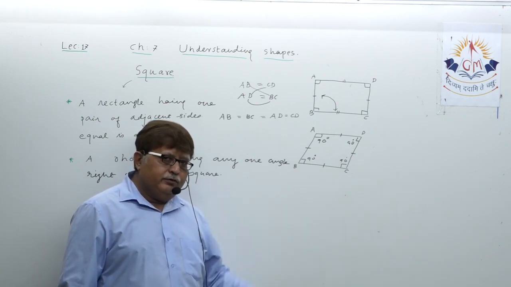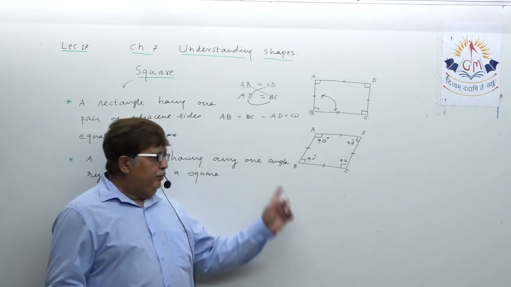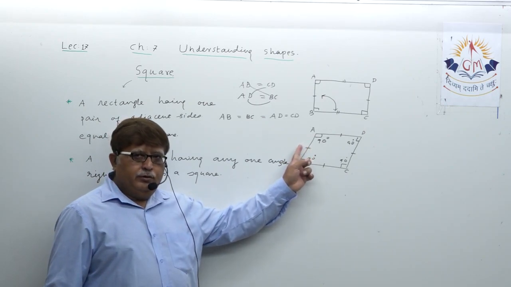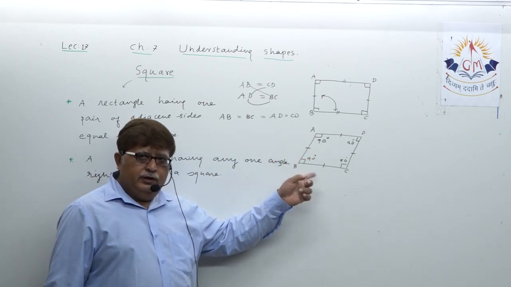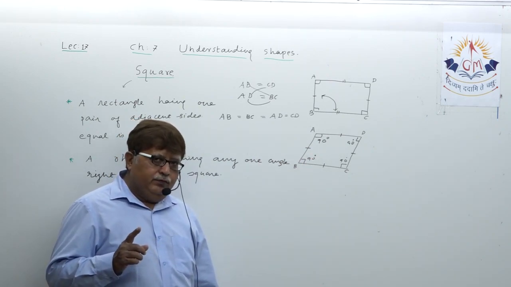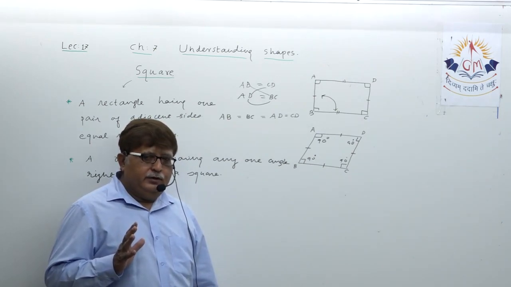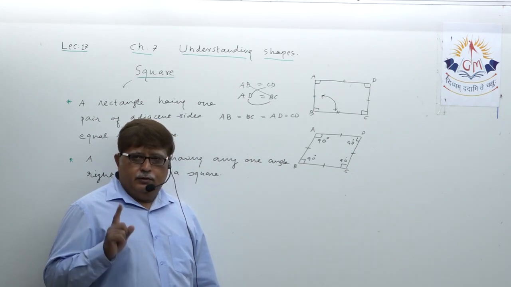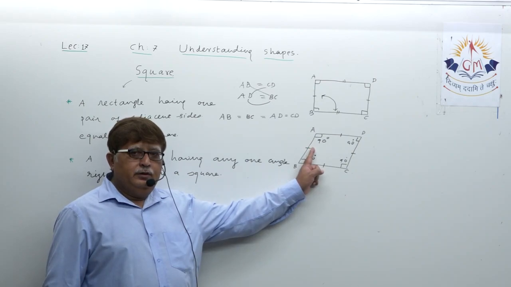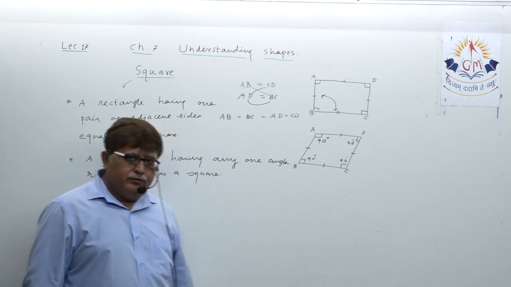So in a rhombus, if you say that just one angle is 90, you can prove all angles to be 90 degrees. That we will discuss in the format of one rider. But here you just understand, in a rhombus, if one angle is a right angle, then it becomes a square.